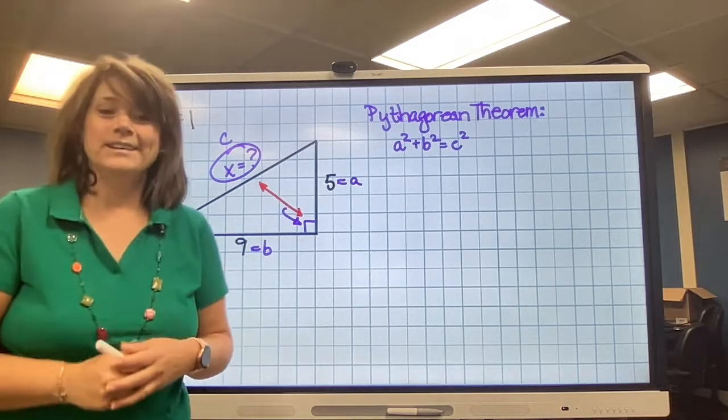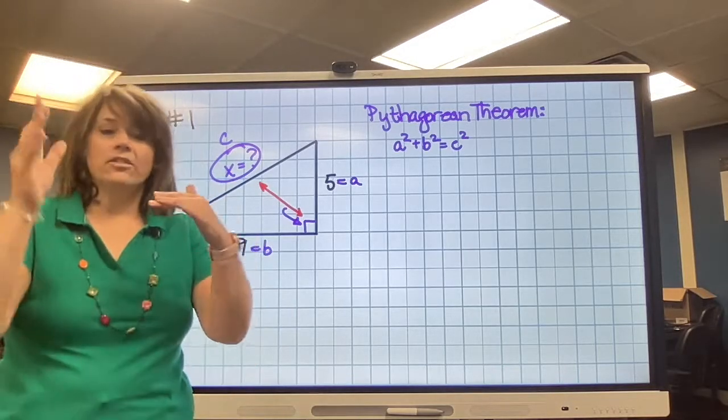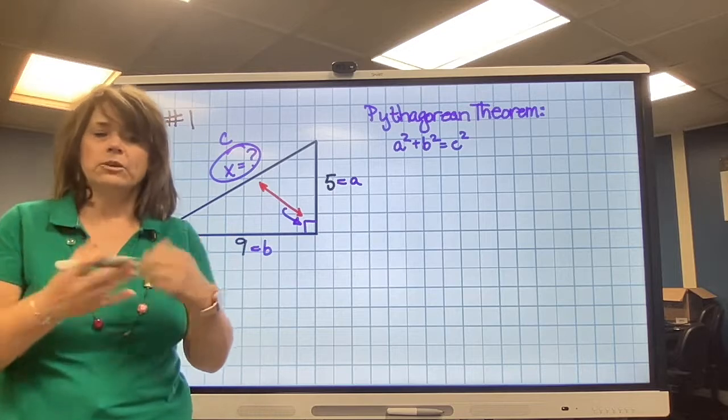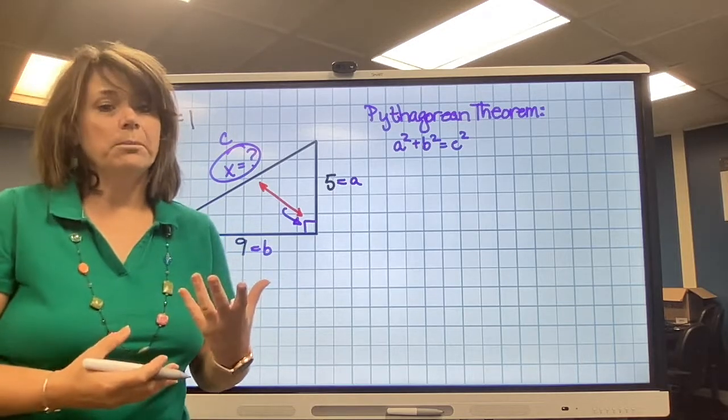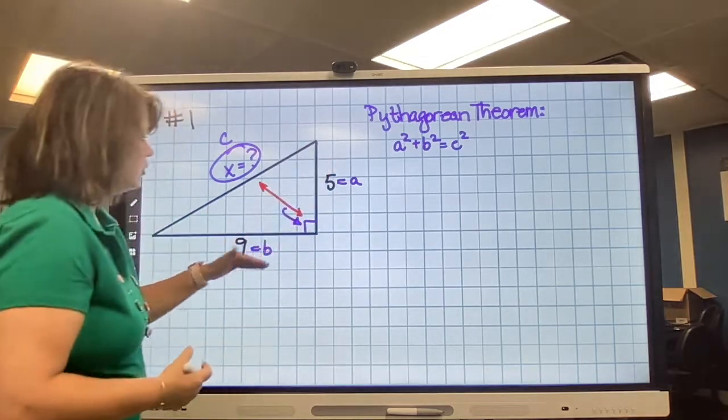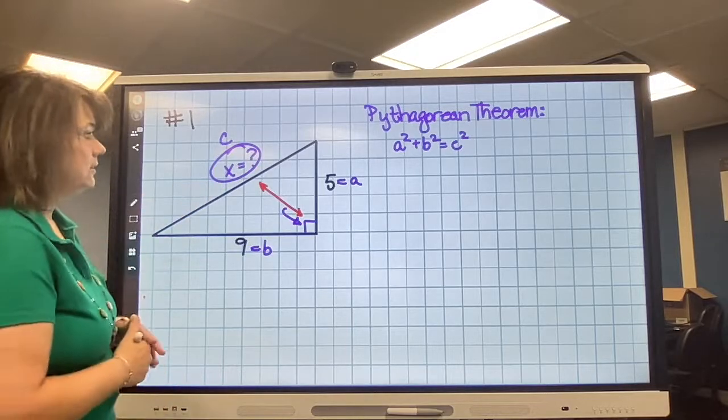So that's how you can identify your hypotenuse. The other two are legs. Doesn't matter which one you call A or which one you call B, but those are the legs of your triangle, and then our hypotenuse is C.